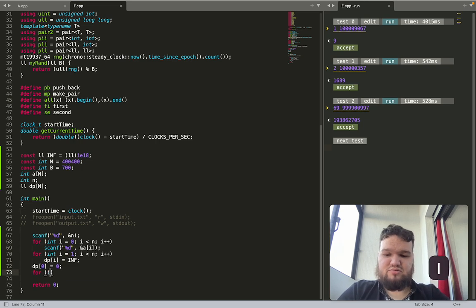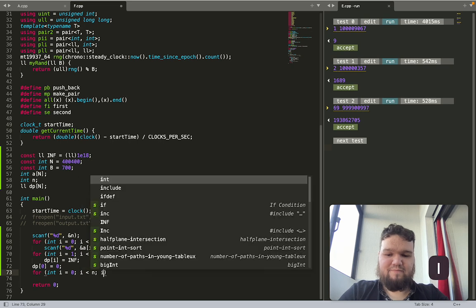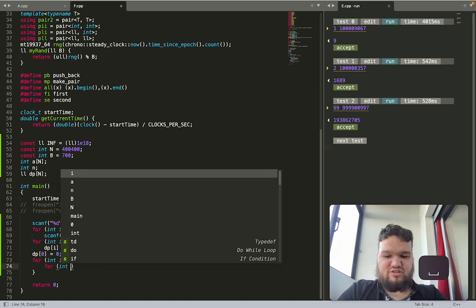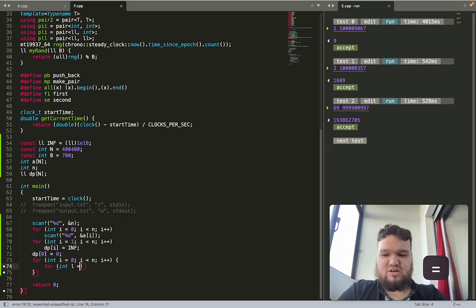Okay, so first I need to do transitions to this point. So there are transitions with length up to square root.